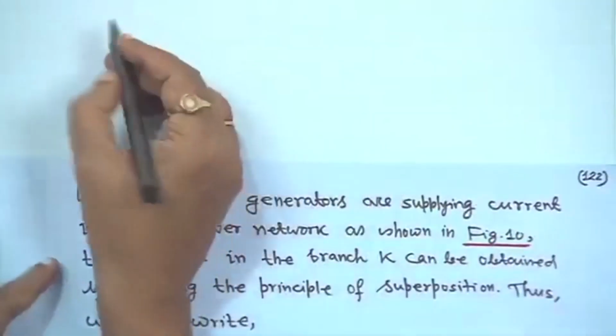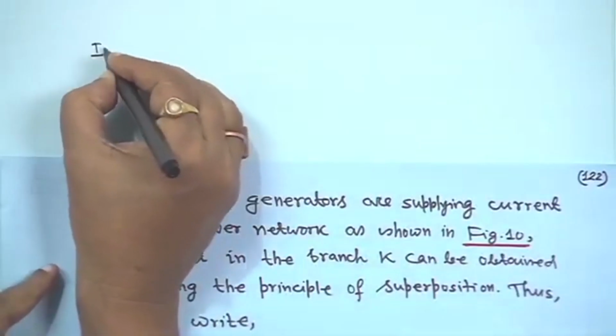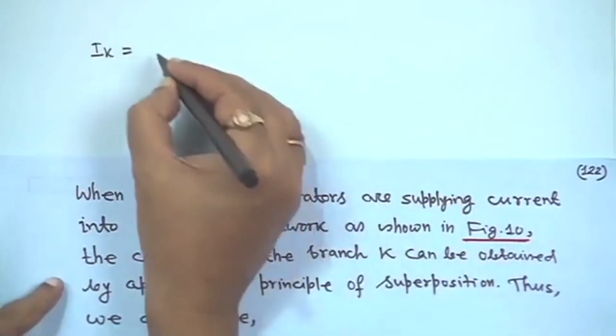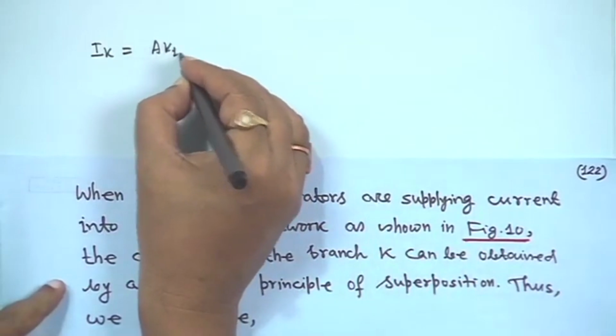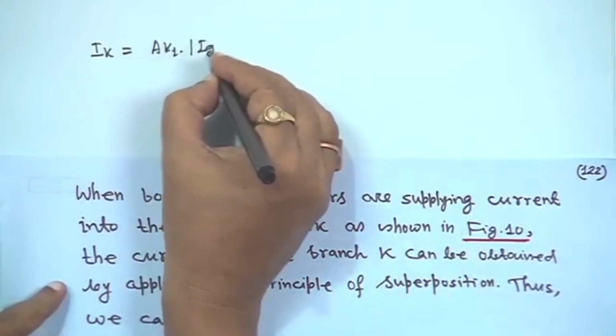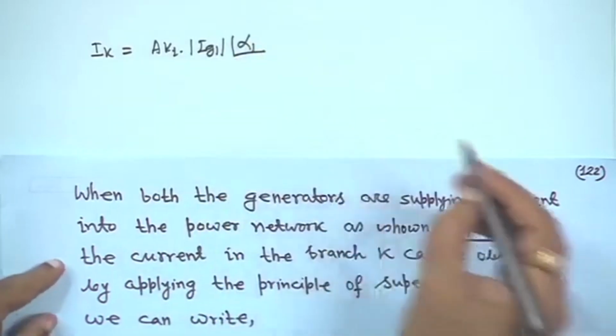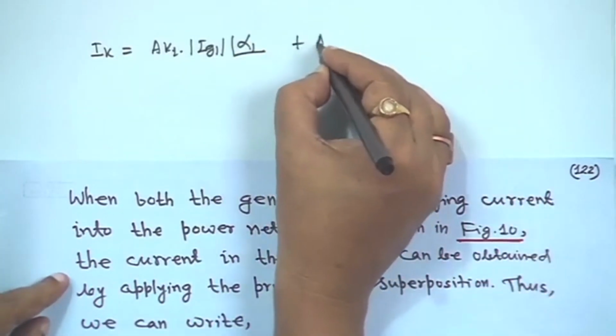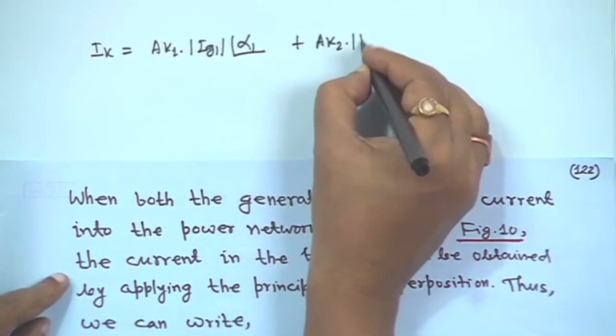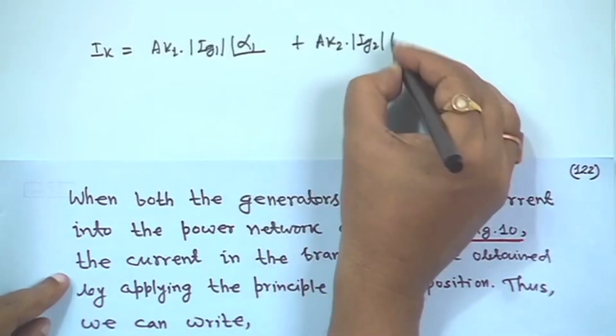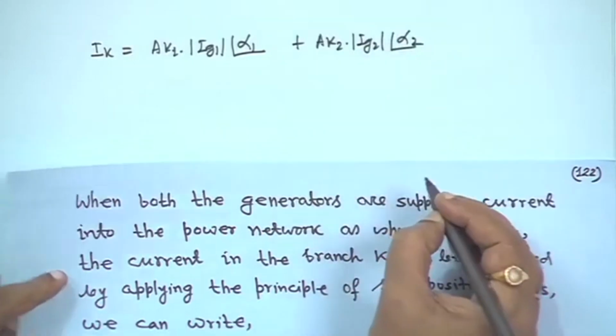That means your I_k is equal to A_k1 I_g1 angle alpha 1, and similarly A_k2 I_g2 angle alpha 2, right.